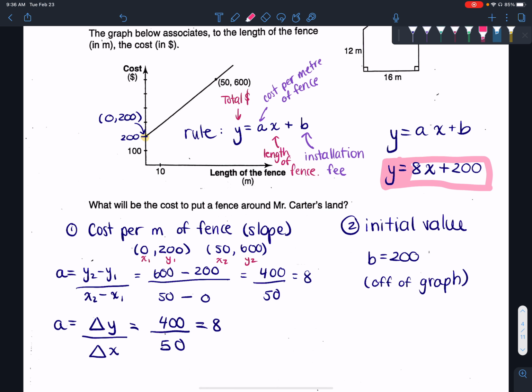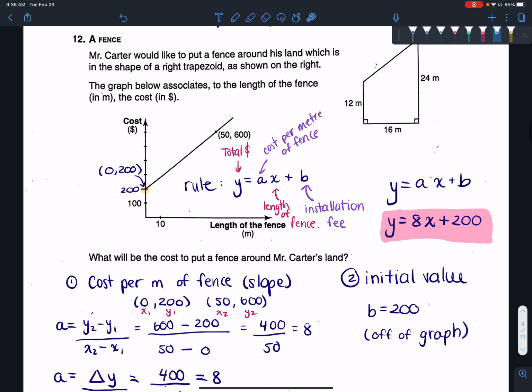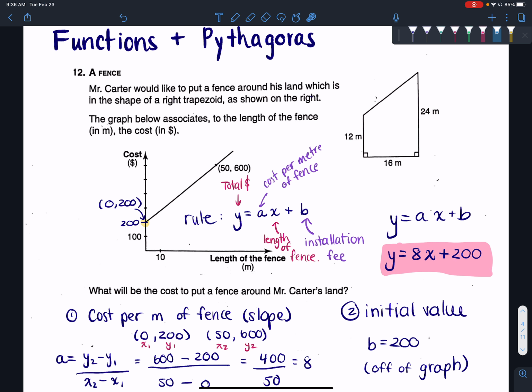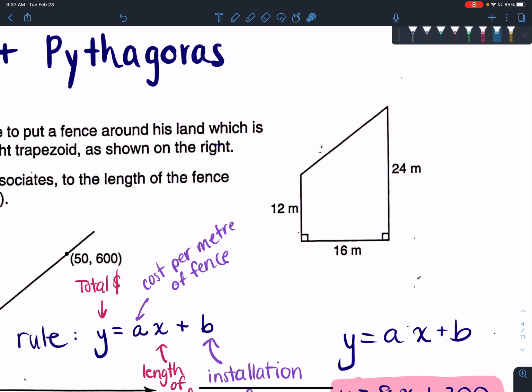You have the rule. Now we need to know, how much fence are we buying in order to fence in Mr. Carter's entire yard? Well, when we look at this, there is a side here that's missing. And this is why this is a Pythagoras question as well, because you know that this is a right trapezoid, and there is a way to break this up into a rectangle and a triangle so that you can find that missing side.